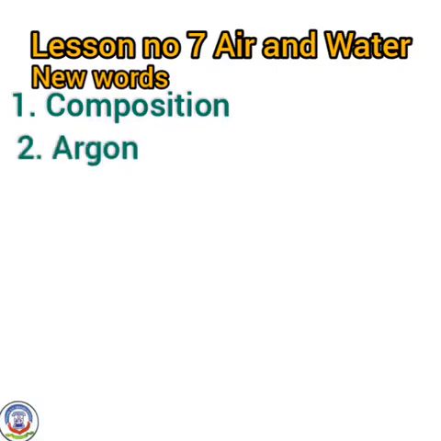Number 2, argon. A, here R is silent. G-O-N, gon. Argon. Argon means one type of natural gas. ये एक प्रकार की कुदरती गैस है जो एयर में होती है.